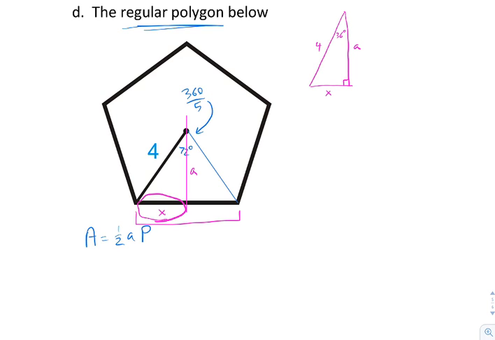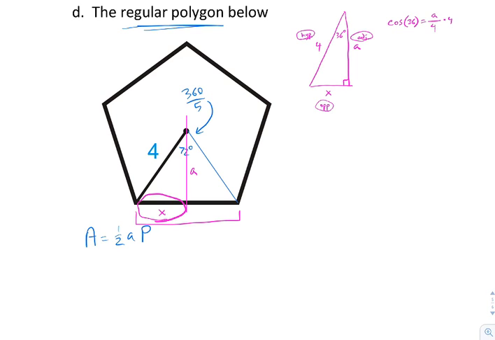Okay, so I know that the cosine of 36 is my adjacent side over my hypotenuse, and then this would be my opposite side, which we're not using right now. So the cosine of 36 is equal to my adjacent side over my hypotenuse.